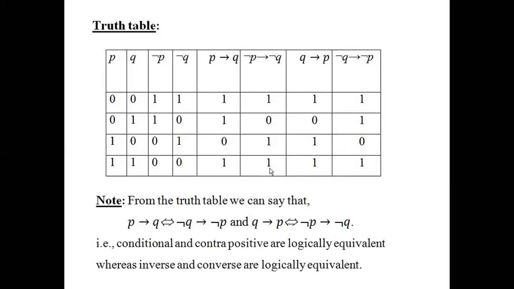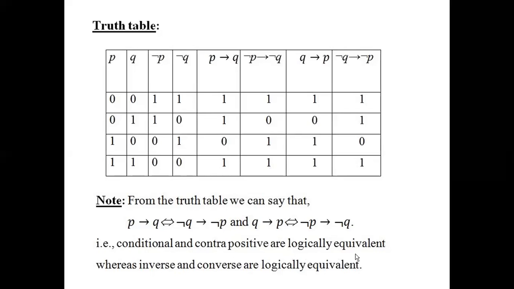So these two help us to say that the conditional and the contrapositive are logically equivalent, because P conditional Q, which is nothing but the conditional, is logically equivalent to negation Q conditional negation P, which is nothing but the contrapositive.